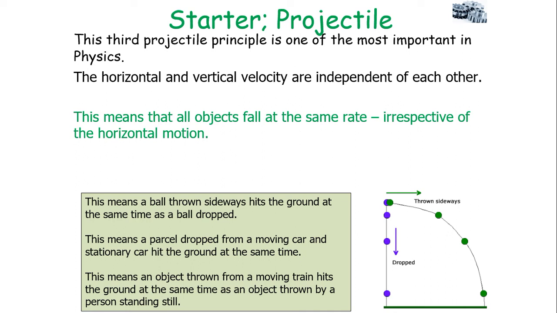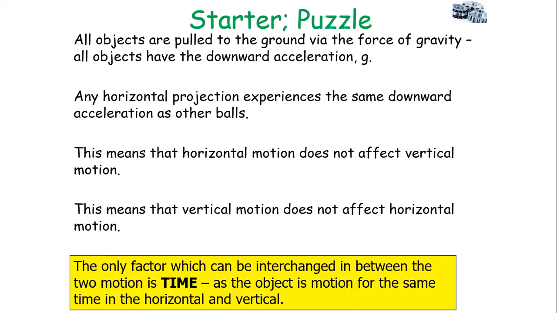A parcel from a moving car and a parcel from a stationary car will hit the ground at the same time, and it means an object thrown from a moving train hits the ground at the same time as an object thrown by a person standing still if they drop from the same height. The horizontal motion of an object will not affect its vertical motion. So in theory, a person can fire a bullet from a gun, and a person can drop a bullet, and if it is at the same height as each other, the bullets will hit the ground at the same time.